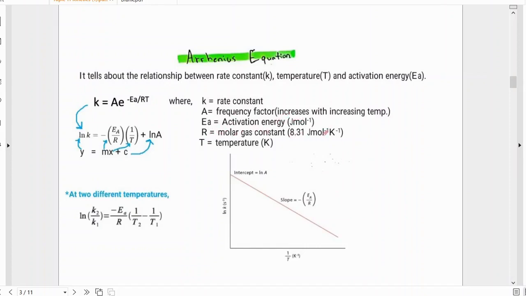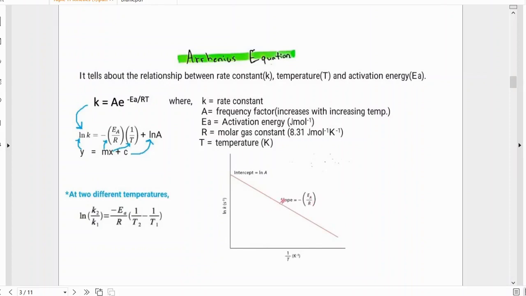And this is the molar gas constant, so take care of the units, and this is the absolute temperature, or temperature in Kelvin. If we take the natural logs on both sides of the Arrhenius equation, we can obtain this expression, and if we rearrange it in the form y equals mx plus c, we can plot this graph. By determining the gradient of this graph and multiplying by minus R, we can obtain the activation energy.